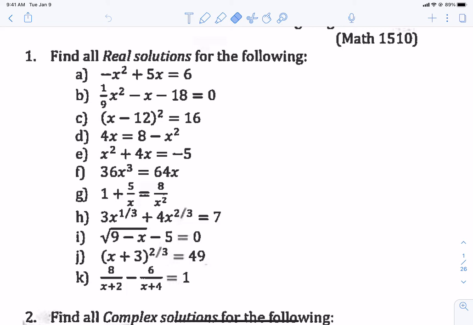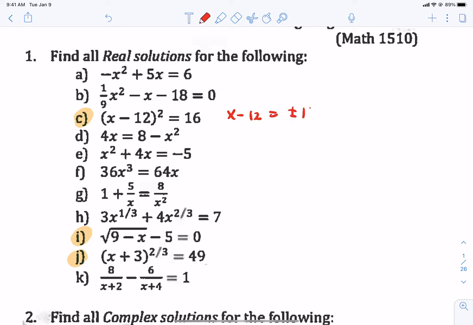Let's just start and look at a few. Problem number 1C and 1J and kind of 1I are very similar types of problems. Let's just look at a strategy that you would want to take. For 1C, to get rid of that square, you're going to square root both sides.